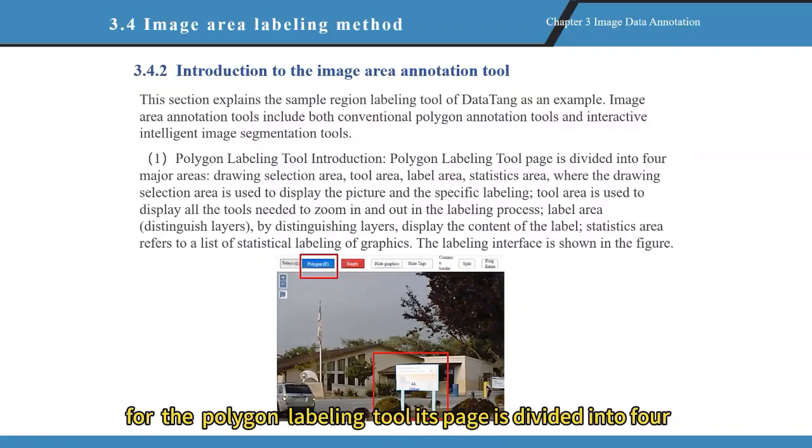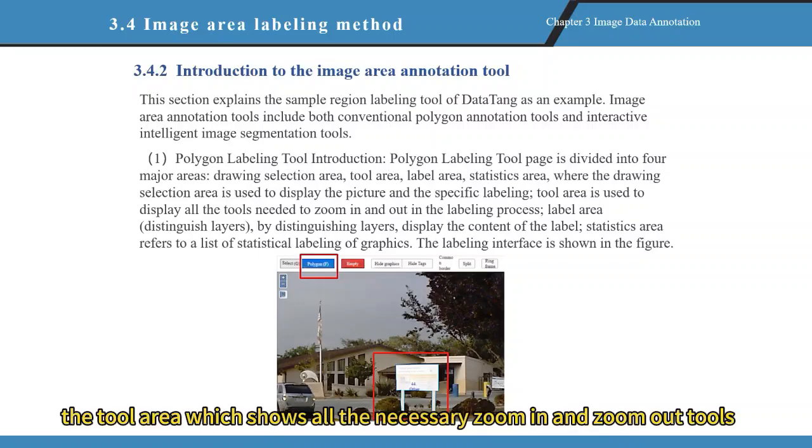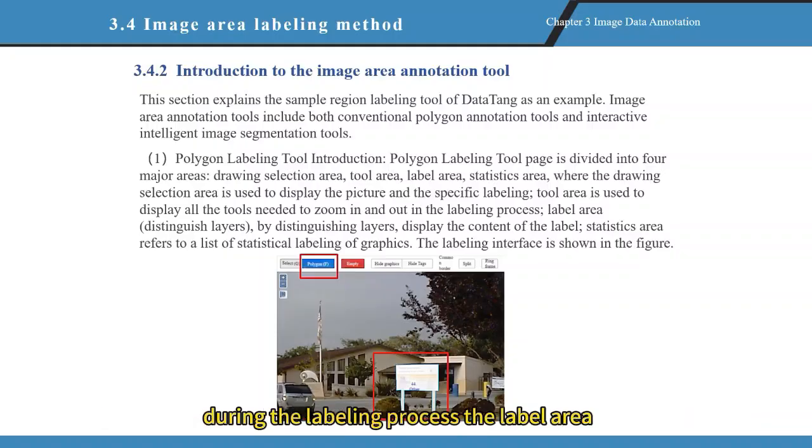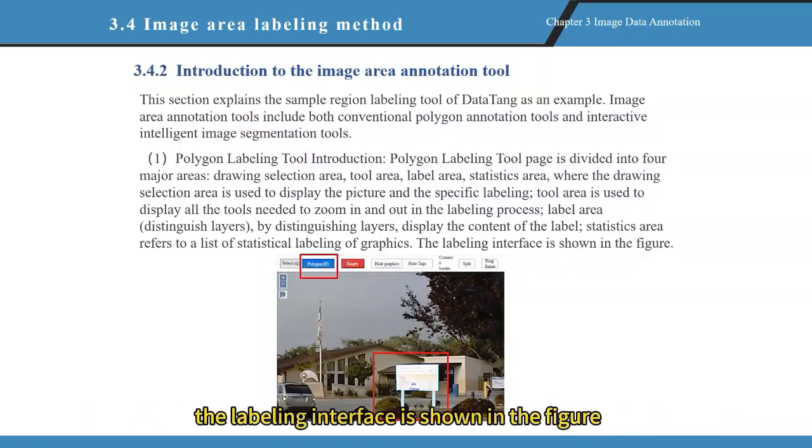For the polygon labeling tool, its page is divided into four main areas: the drawing selection area, which displays the picture and specific labeling; the tool area, which shows all the necessary zoom in and zoom out tools during the labeling process; the label area, which shows the label content by distinguishing layers; and the statistics area, which is a list for statistical labeling of graphics. The labeling interface is shown in the figure.